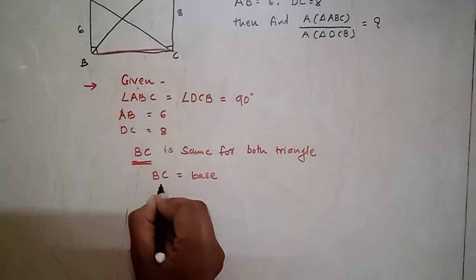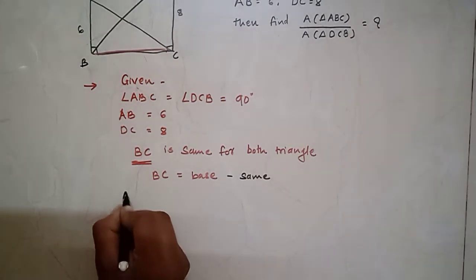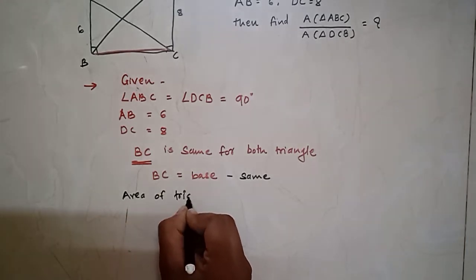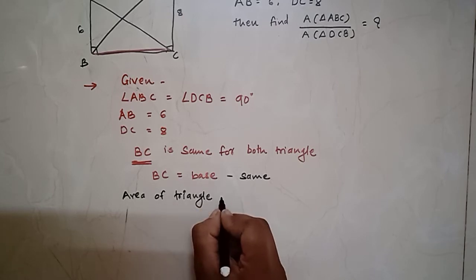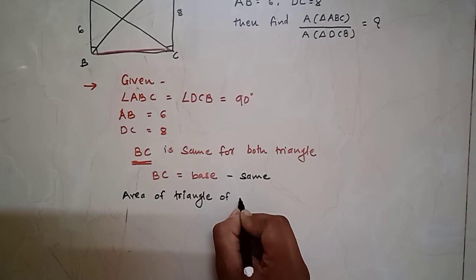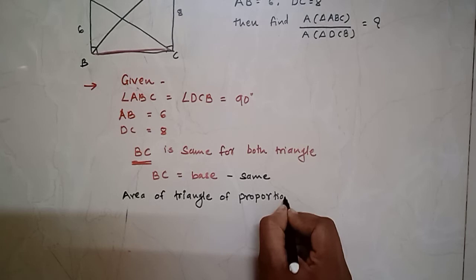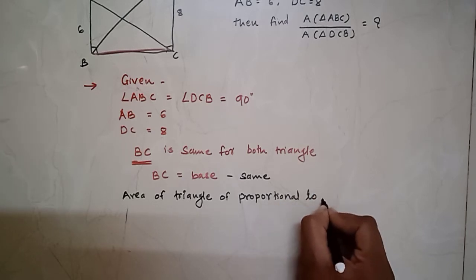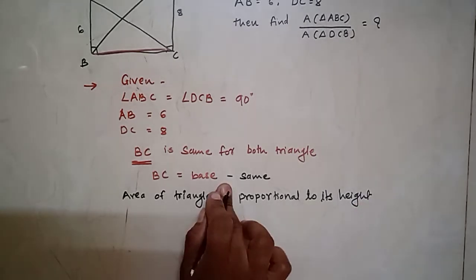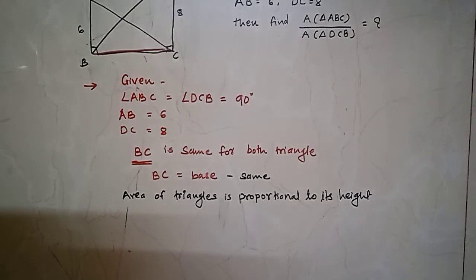When the base is the same for both triangles, then the area of a triangle is proportional to its height. Okay, then the area of triangles is proportional to its height.